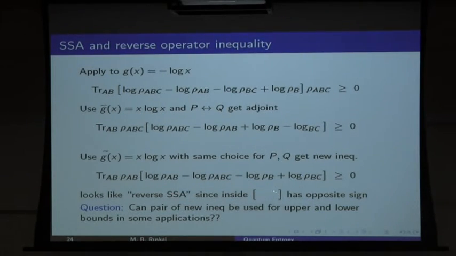It looks like strong subadditivity going in the wrong direction, but here I've got the trace of rho_AB, not rho_ABC. So you don't get strong subadditivity by taking a partial trace over C. It's not at all clear to me what you would get if you took the partial trace over C. It is, I think, an interesting question.